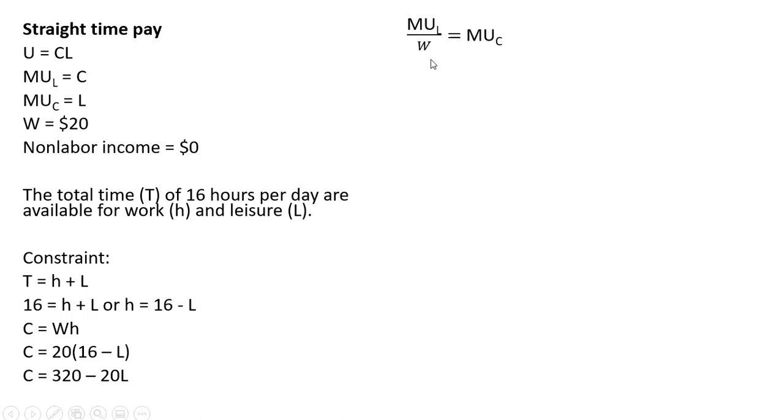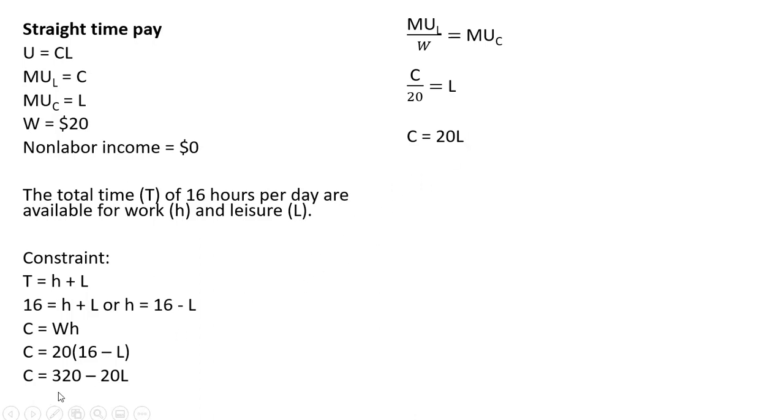Next, we'll form our utility maximizing condition, where we have the marginal utility of leisure divided by the wage equal to the marginal utility of consumption. Making our substitutions, we saw that the marginal utility of leisure is C, the wage is 20, so that's what we got on the left-hand side, and that'll equal the marginal utility of consumption, which is just L. We're going to solve this for C, so multiplying through by 20, we have the following, and now we've got two C equations, and we're just going to set both of these equations equal to one another.